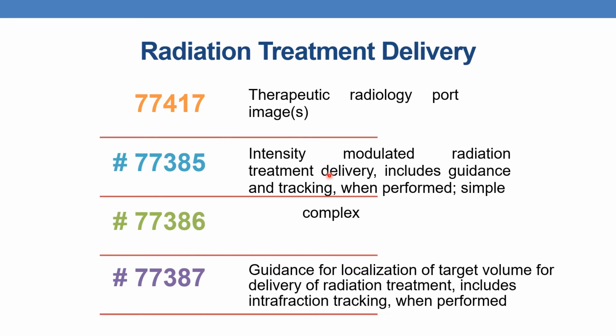77385, which is intensity modulated radiation treatment delivery IMRT, includes guidance and tracking when performed, simple. The next code is 77386, which is intensity modulated radiation treatment delivery IMRT, including guidance and tracking when performed, complex. The next is 77387, which is guidance for localization of target volume for delivery of radiation treatment, including intrafraction tracking when performed.